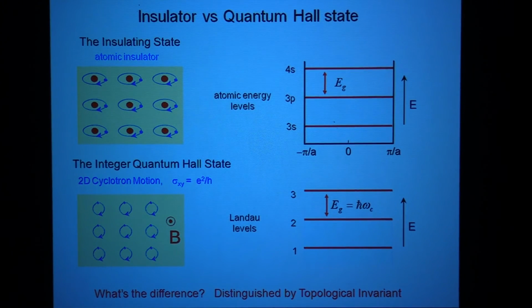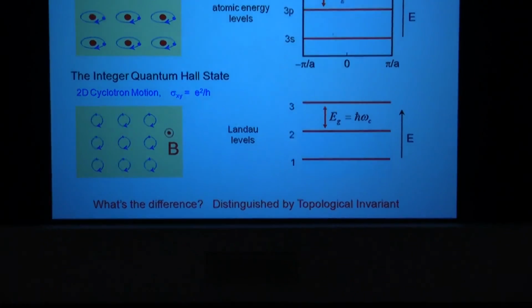Yes. If the Landau level is partially filled, then at least in this picture where we're ignoring the interactions between electrons, the ground state will not be separated by an energy gap from the non-ground states.